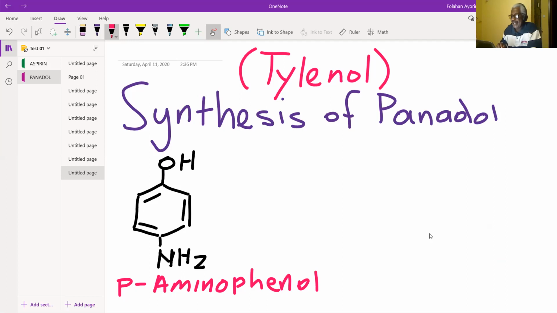So we are going to react the p-aminophenol with this other molecule called acetic anhydride.